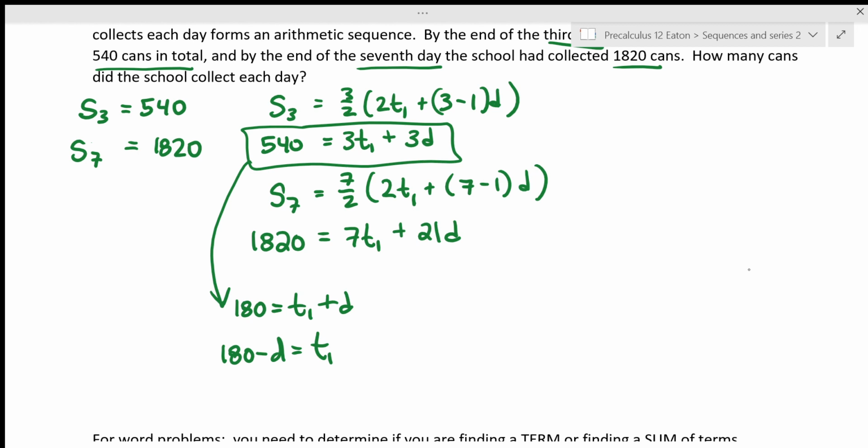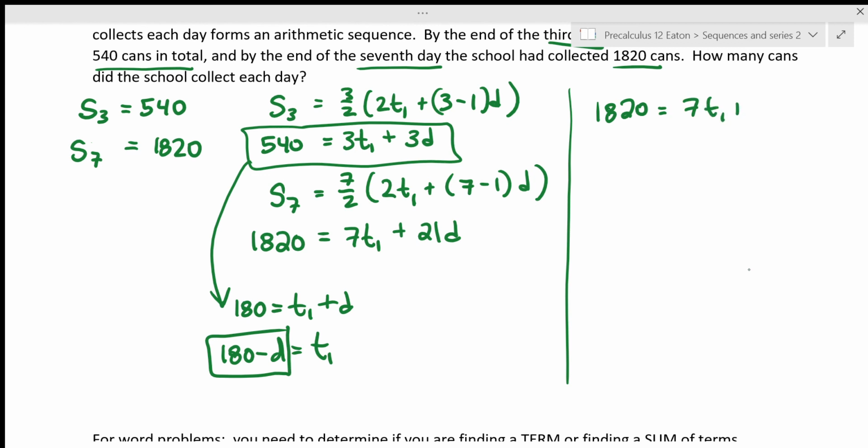So now in my other equation, I'm going to replace t1 with 180 minus d. So I'm going to use my 1820 equals 7t1 plus 21d. Then I replace that, and I get 1820 equals 7 times 180 minus d plus 21d.